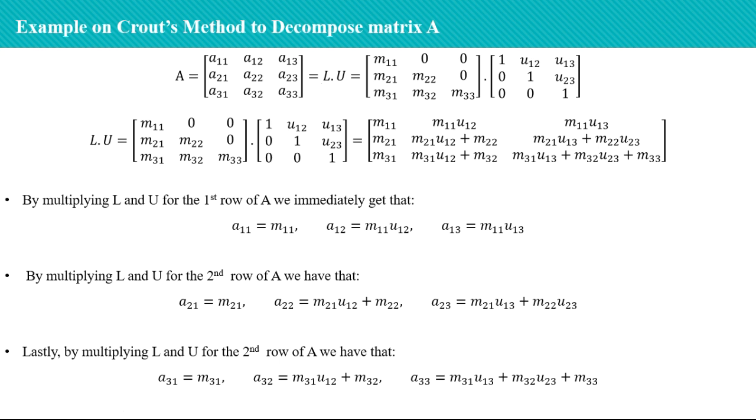And in the same way, by multiplying the second row of the lower triangular matrix with the first, second, and third column of the upper triangular matrix, we will get these comparisons: m21 is equal to a21 and a22 is equal to this value and a23 is equal to this value. And in the same way, we can find all the values of the lower and upper triangular matrix with the help of this given matrix.